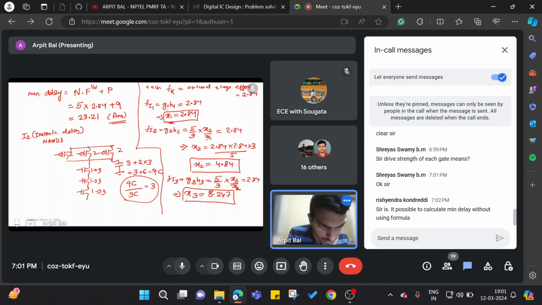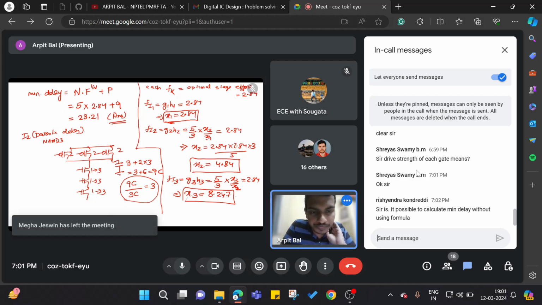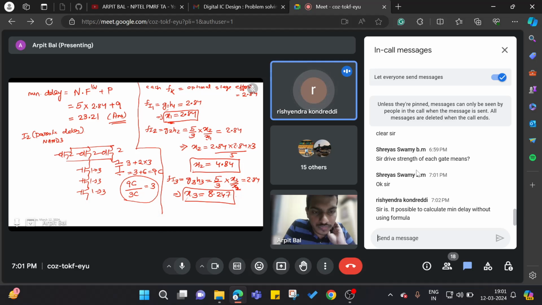Is it possible to calculate minimum delay without using a formula? Which formula? That GH plus P? Sir, N into F power 1 by N plus P, that formula.